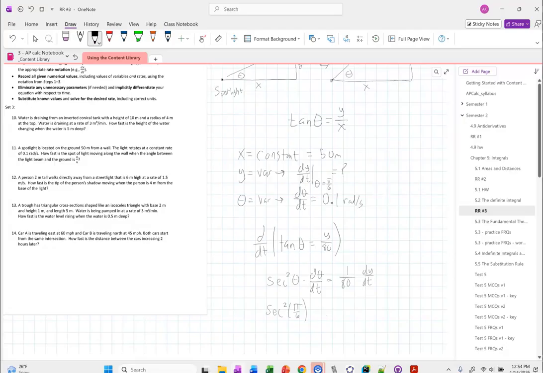And d theta dt we know is 0.1. So we just need to multiply both sides by 50 and then evaluate secant of pi over 6, right?